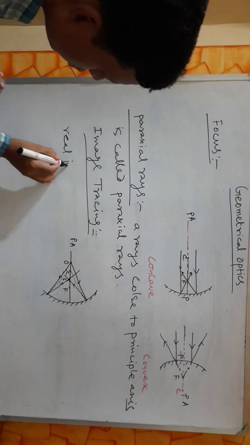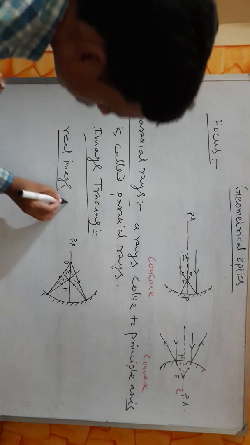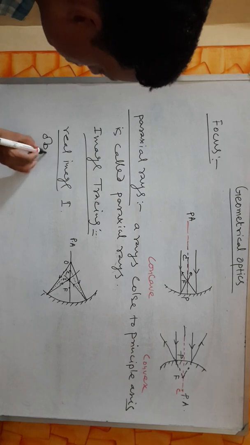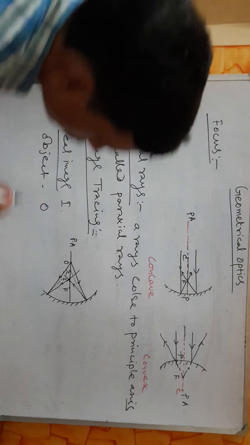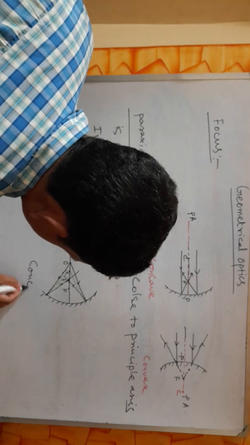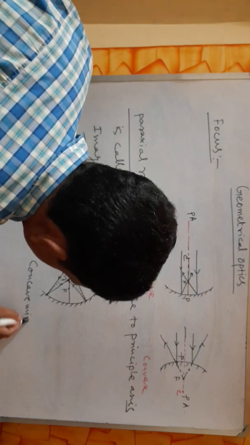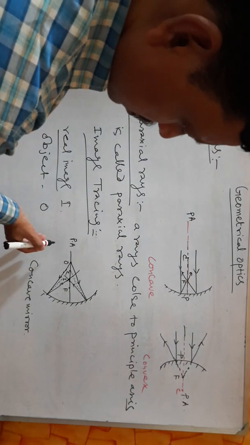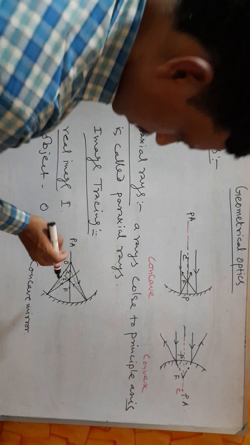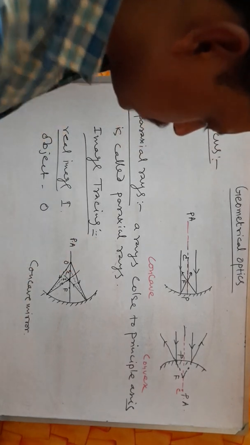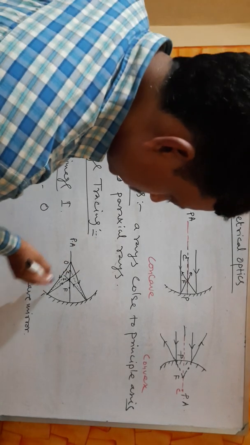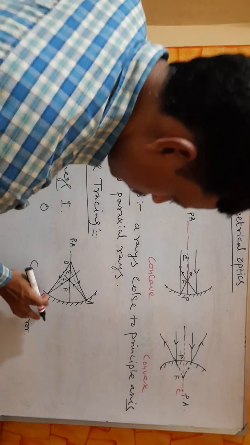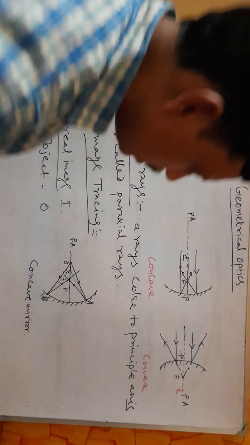Real image I and object O, concave mirror. O is the point object on the principal axis, with two incident rays OA and OB.